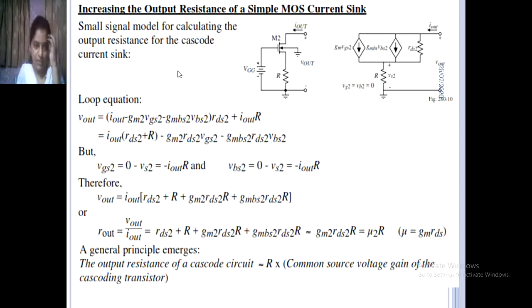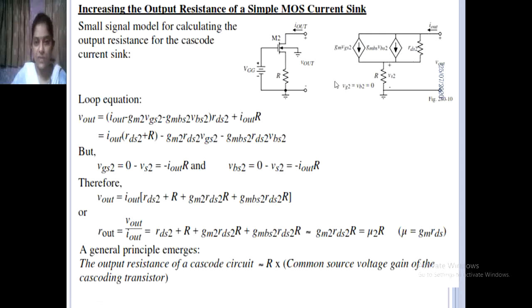The small signal model for calculating the output resistance for the cascode current sink is shown in this figure.